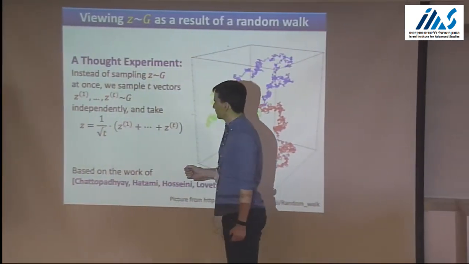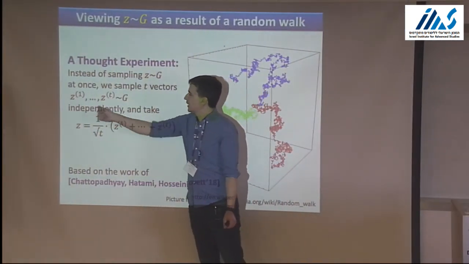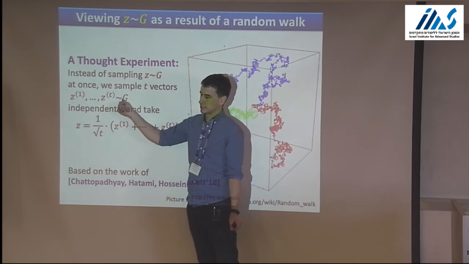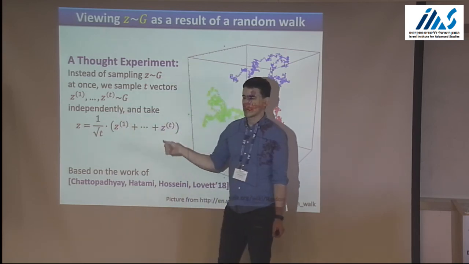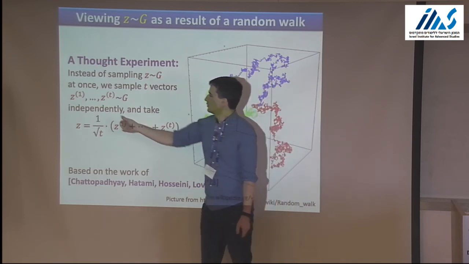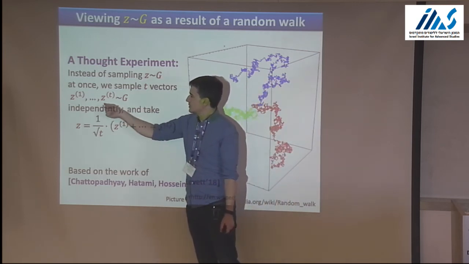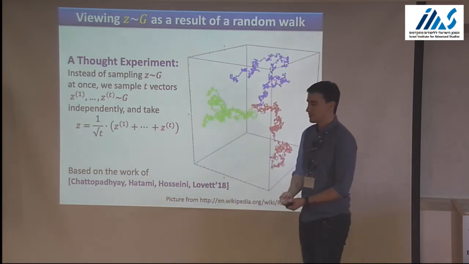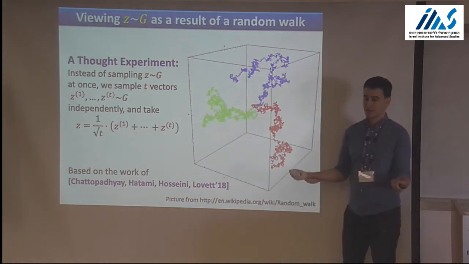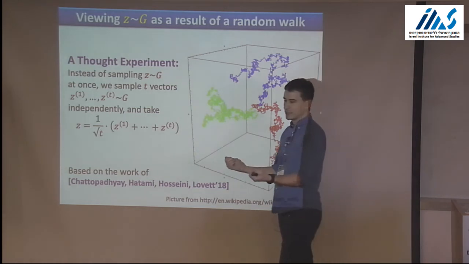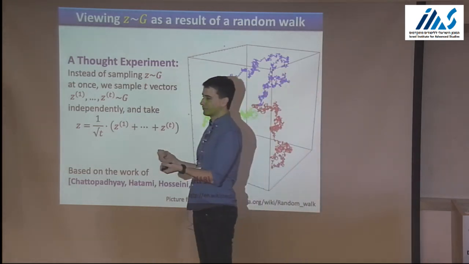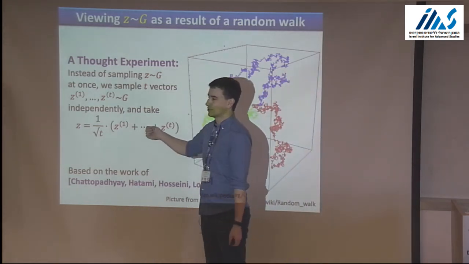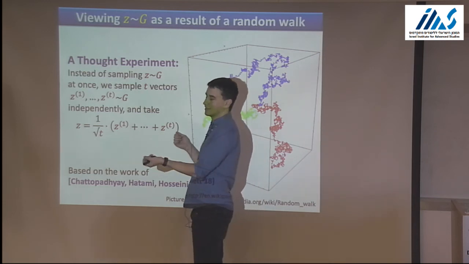Say you sample Z1 up to Zt according to this distribution G, and you sum them up and divide by square root t. You take these Z1 up to Zt independently of one another. When you take the sum of independent Gaussians, you get a Gaussian. The mean would be the sum of the means, and the variance would be the sum of the variances. So really, you got the same distribution, but you wrote it in a different way.